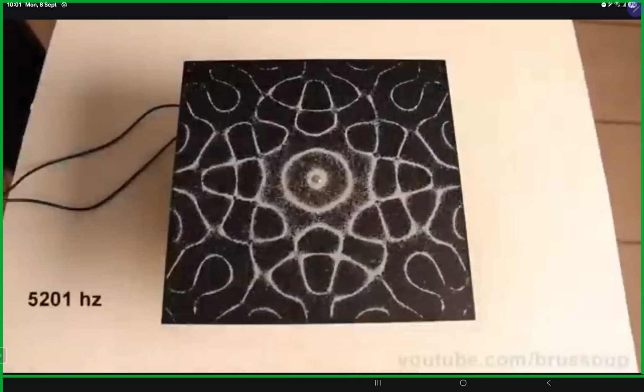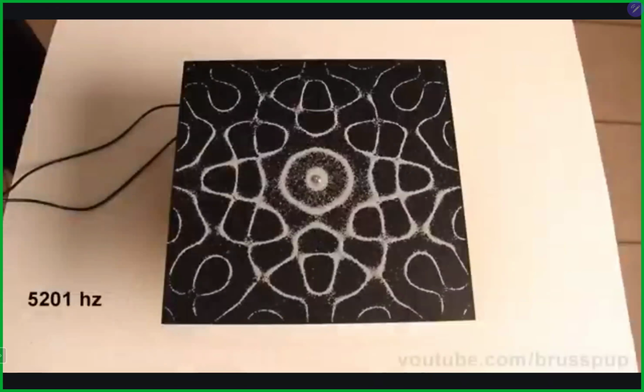Yeah, this is 5201. And again, like I said, if you keep increasing the frequency, wavelength decreases, you get more loops. Clear with this? There. So that is the complete theory of stationary waves, right?